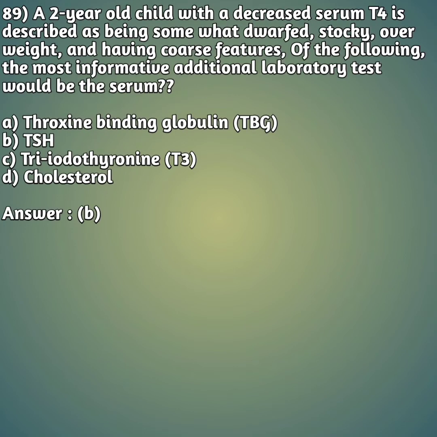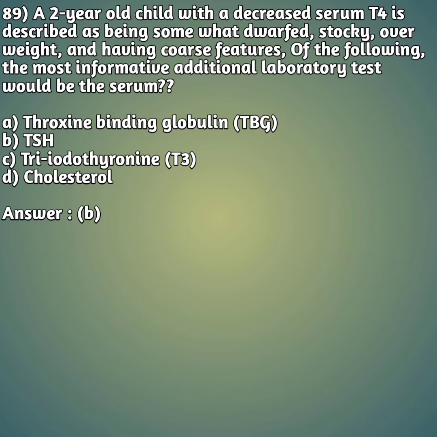A 2-year-old child with a decreased serum T4 is described as being somewhat stocky, overweight, and having coarse features. Of the following, the most informative additional laboratory test would be the serum what? Option A, thyroxine binding globulin, that is TBG.